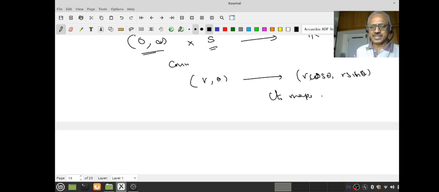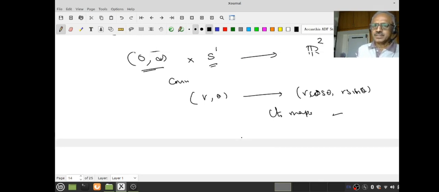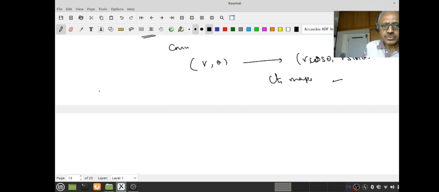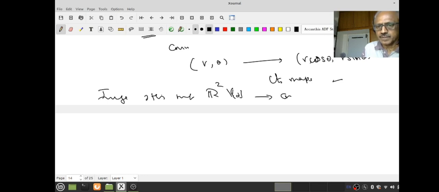That's very clear. r going to r is continuous, theta going to cos theta is continuous, therefore a product of continuous functions is continuous, etc, etc. And this is a product space, you understand? Therefore this is continuous, right? So the image of this map is R2 minus 0, therefore this is connected.